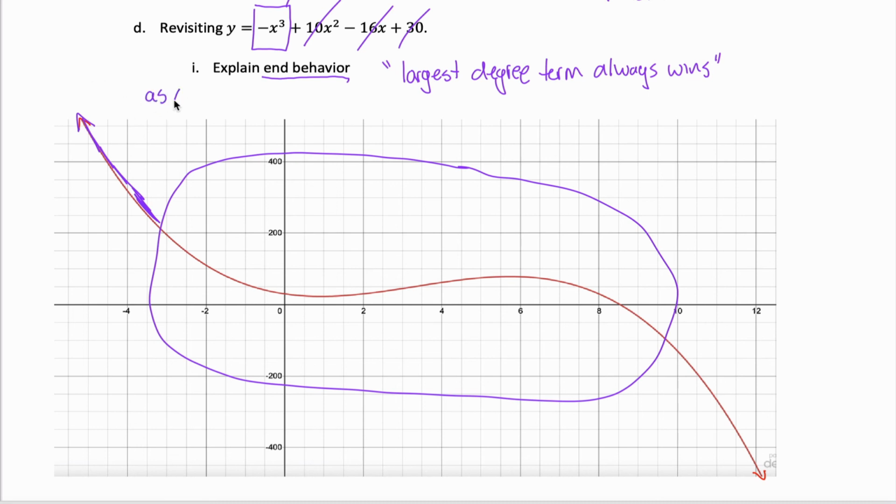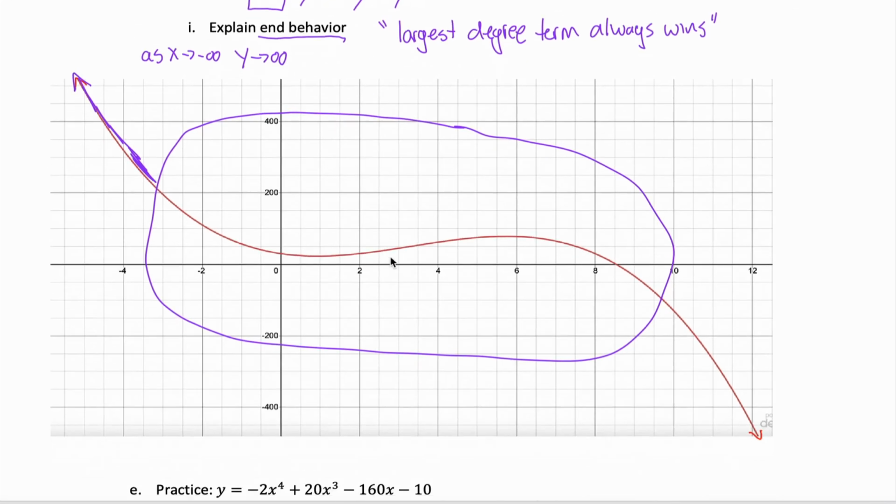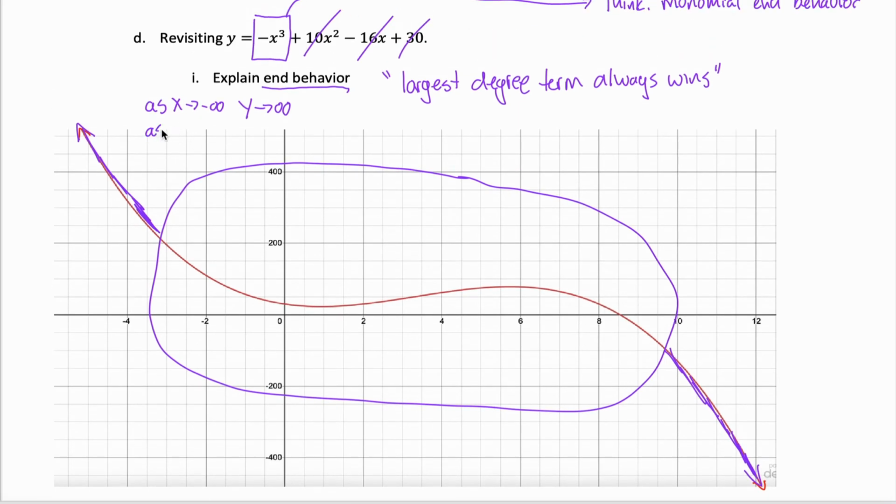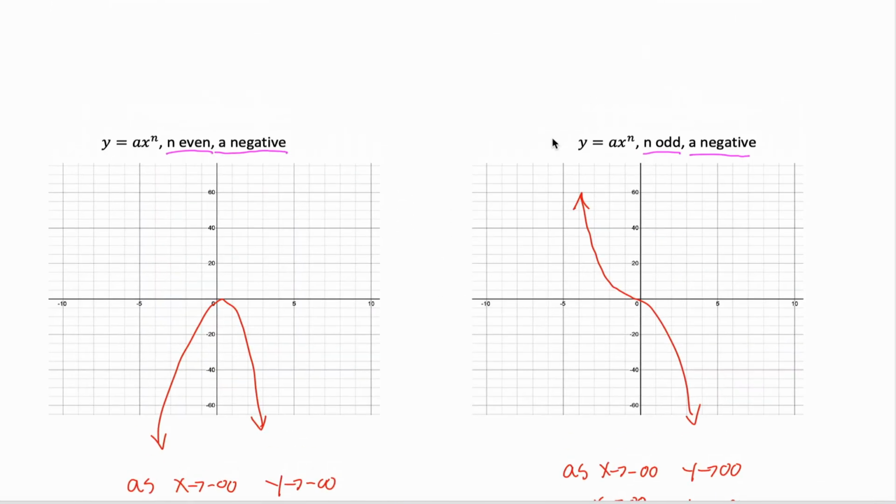So we could say as x tends towards negative infinity, y goes towards positive infinity, just by looking at this first term. Similarly, even if it wasn't pictured, we'd know that when it goes to the right, it goes down. So as x tends towards positive infinity, y tends towards negative infinity. Because we know the behavior of negative x cubed, because we have this generalized behavior for monomials.